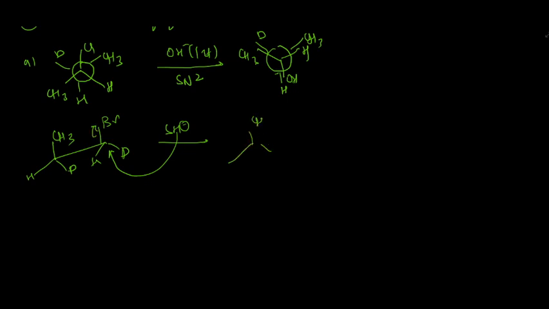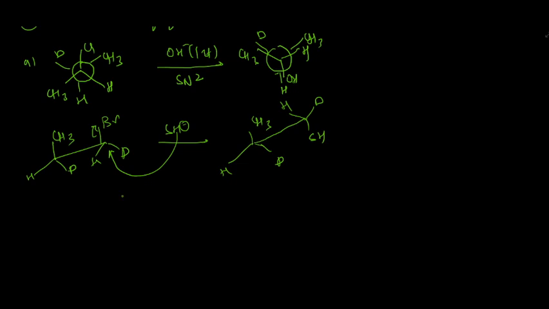So it will form CH3, H, D. It will form a line, and here will be hydrogen and deuterium and SH. So that's how it will invert.